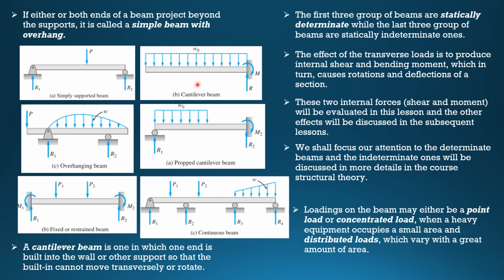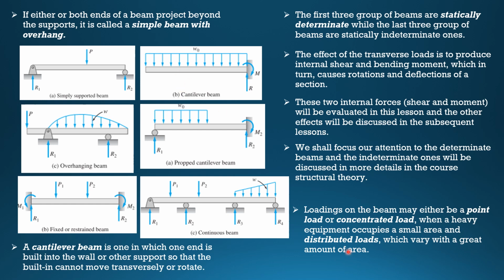So, for example, this beam supports a floor, so the area is considerably large, so the load should be distributed like this one or this one, or the load may vary with area such as a sand pile, or this may be the distribution of the load due to maybe pressure.